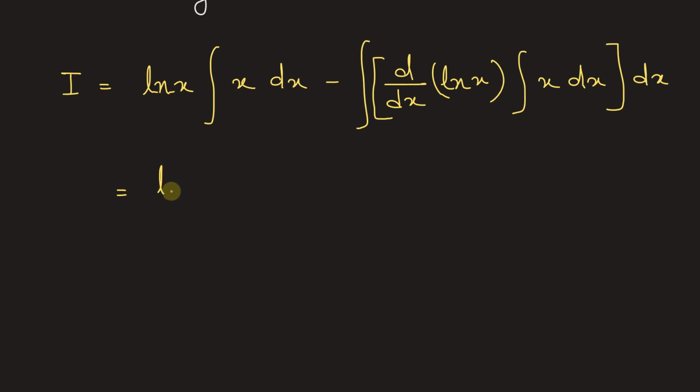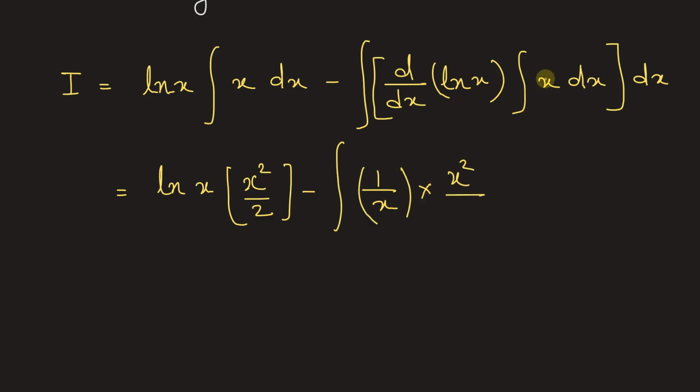The first function ln x will remain as it is. The integration of x is x square by 2, minus, keeping the integral sign as it is, the differentiation of ln x, which we know is 1 upon x, multiplied by the integral of x, that is x square by 2, dx.